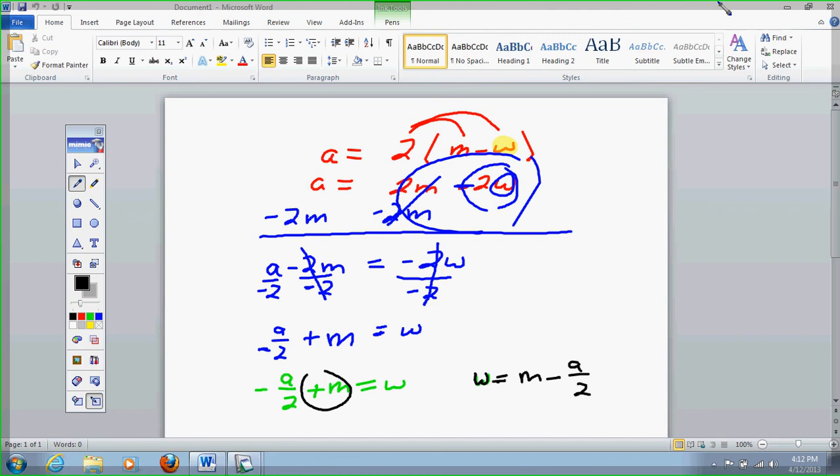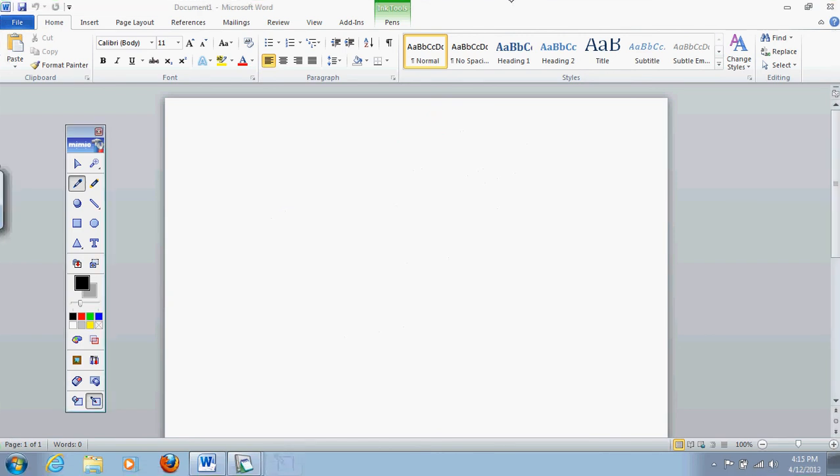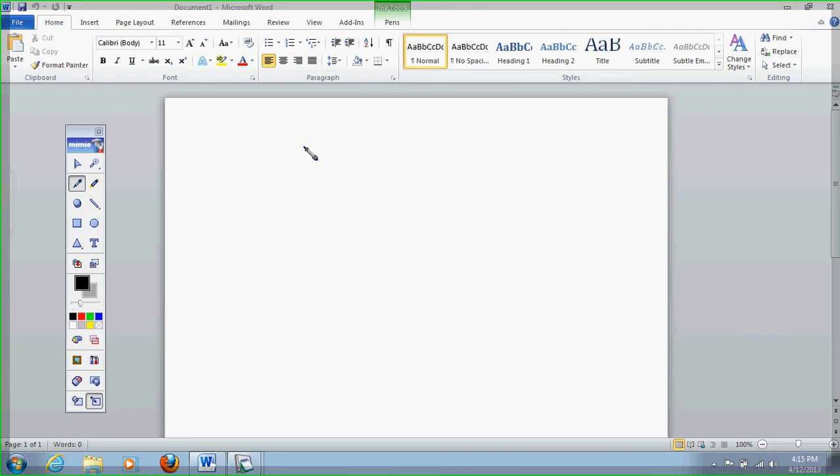I'm going to talk about percent for a minute, and this is kind of off topic, but I am going to talk about percent. If I have a problem that says I have 14.5%, and I need to know the decimal equivalent to this. Well, the first thing I need to do is change this to a decimal. Where is the decimal? Well, 14.5, isn't that the same thing as 14.5%?